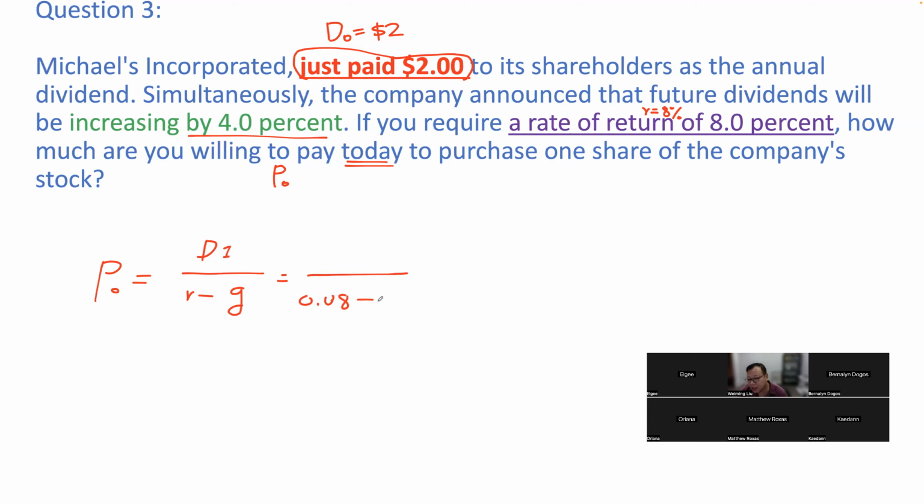And what's my G? 4%, yeah, 0.04. Very good. Then what's my D1? In the question, we only know D0, right? So how can I go from D0 to D1? What is the relationship between D0 and D1?